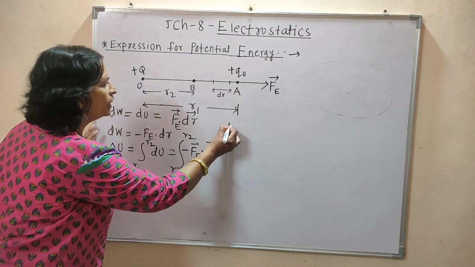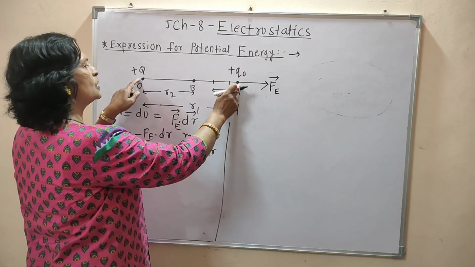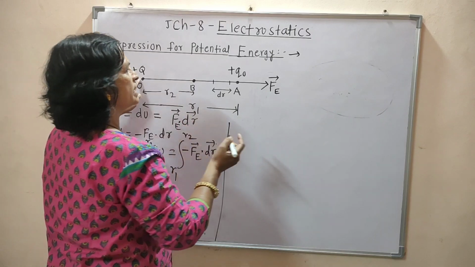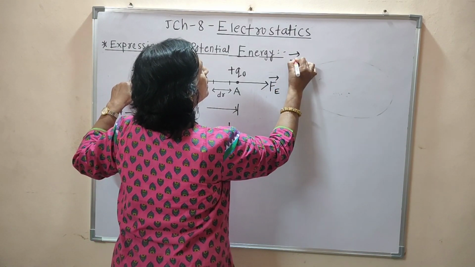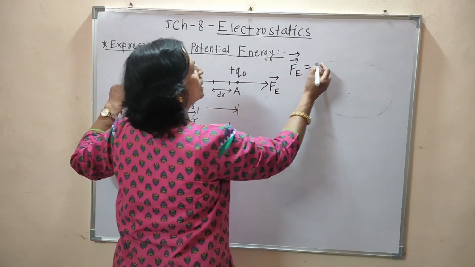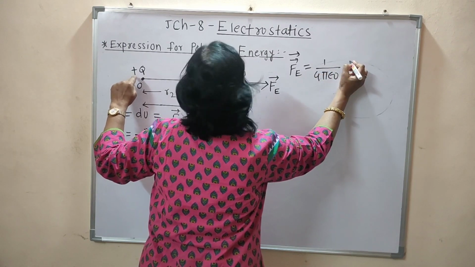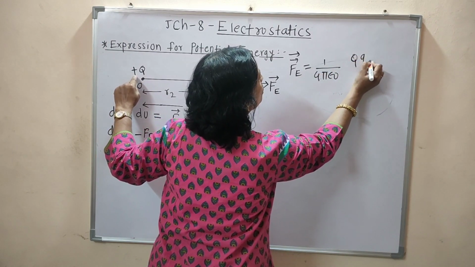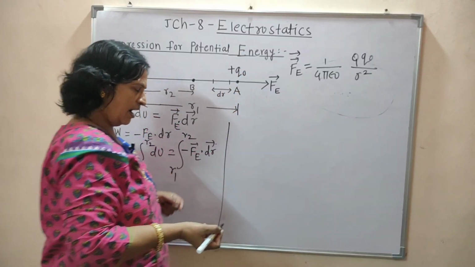According to Coulomb's law, the force of repulsion between these two charges, Fe, is the product of the magnitudes of the two charges, Q and Q0, times 1 by 4 pi epsilon naught, that is Coulomb's constant, divided by the square of the distance between them, r square.